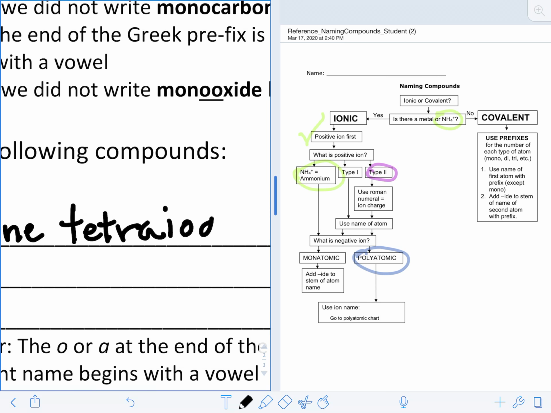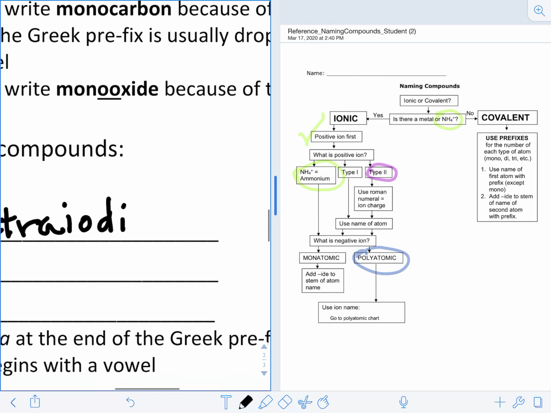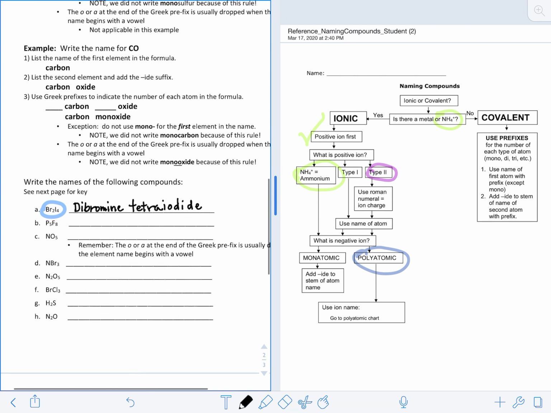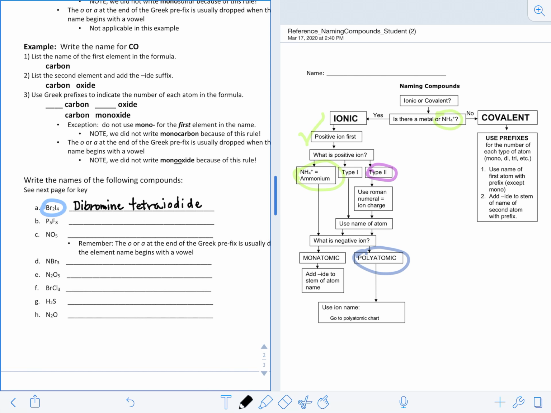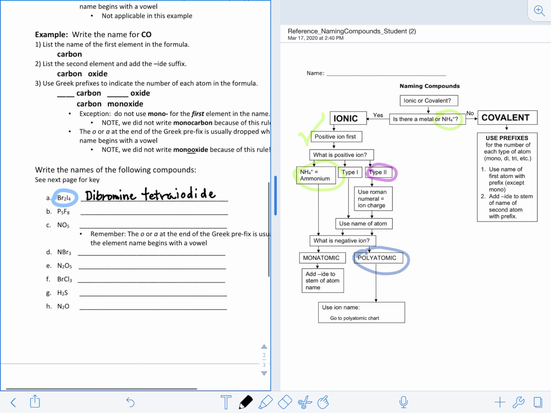I'll let you just put in iodide. And please remember, we're changing the ending, so iodine becomes iodide. So that is pretty easy for covalent compounds, and I'm assuming that you should be able to get the rest of them. Please remember, you don't want to reduce any subscripts because that does not happen with covalent compounds. Okay, so if you have any questions, just contact me and make sure you submit this so I can check it. Have a good day.